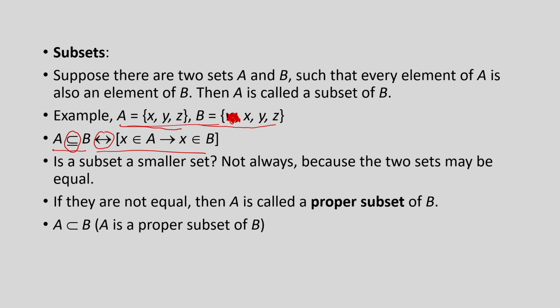In the case that they are not equal, then A is called a proper subset of B. Okay. So, in this case you have a proper subset when W is there, but if you do not have W, it is not a proper subset, A is no longer a proper subset.